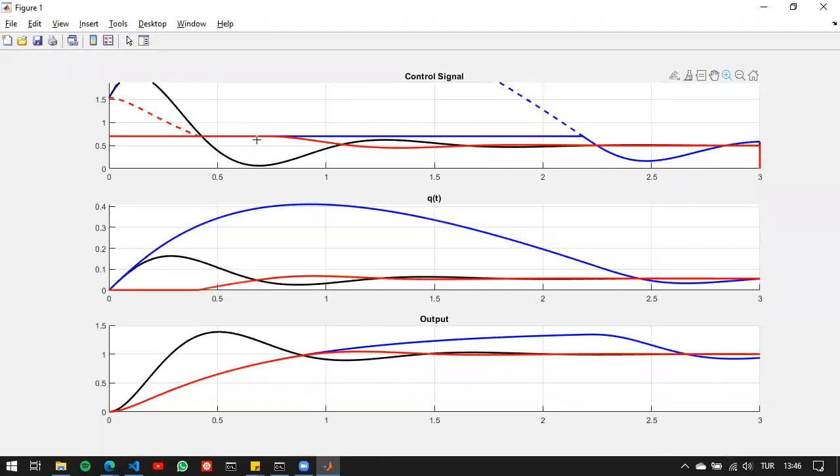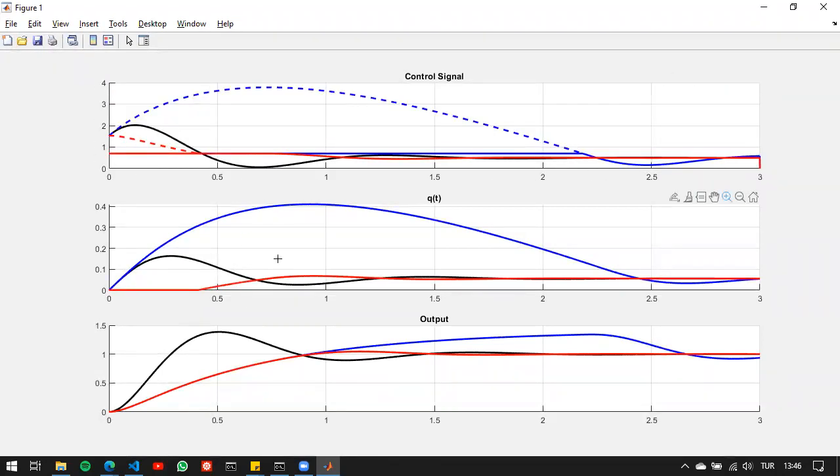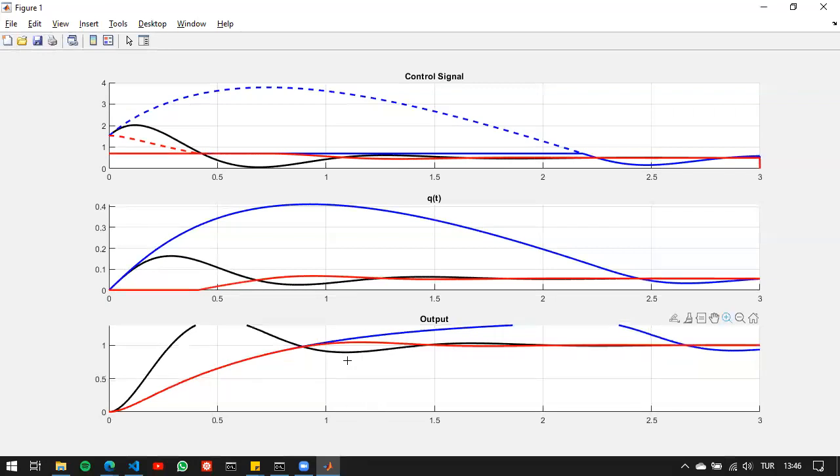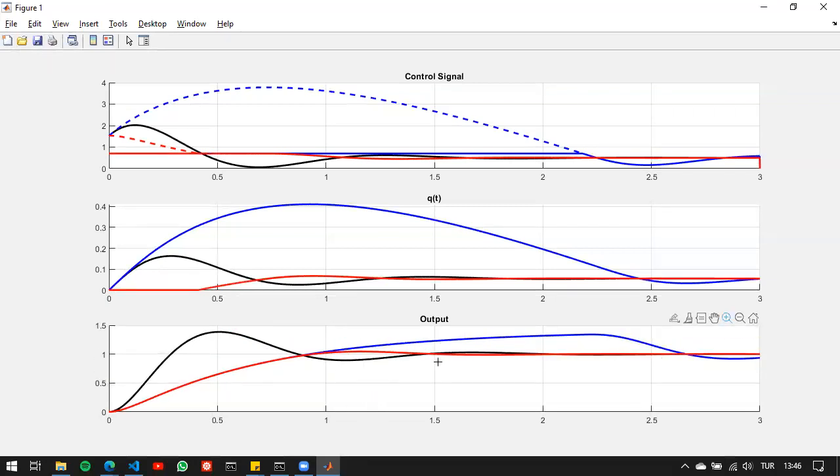And if you zoom in a little bit, you can see it stays just 0.78 seconds in the saturation, and then it'll just behave like it should. We can also see that the integral does not grow, and then it starts to grow, and it just does the job here. And here we can also see that the settling time is again almost there.